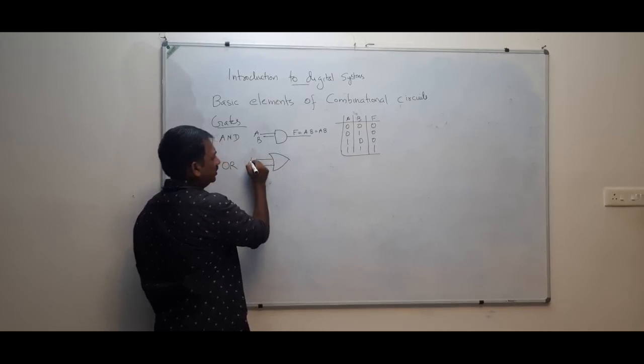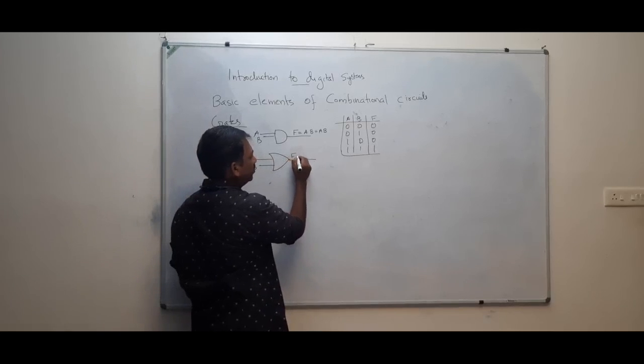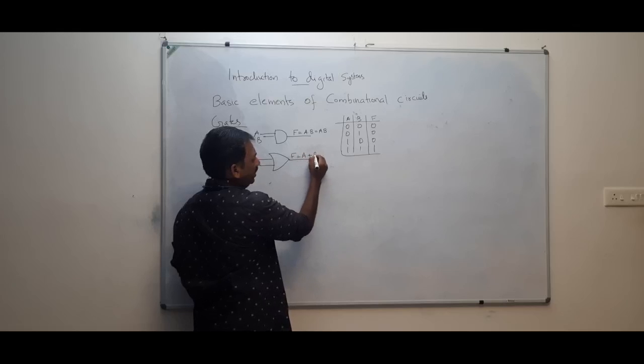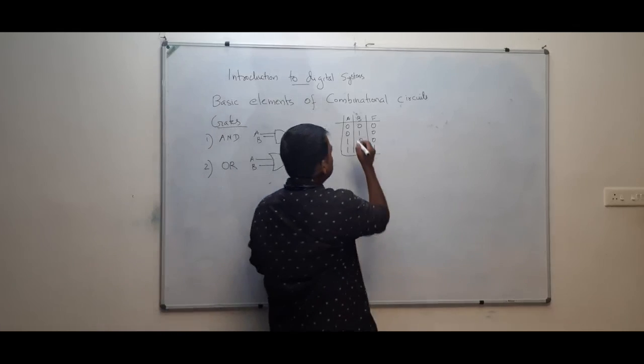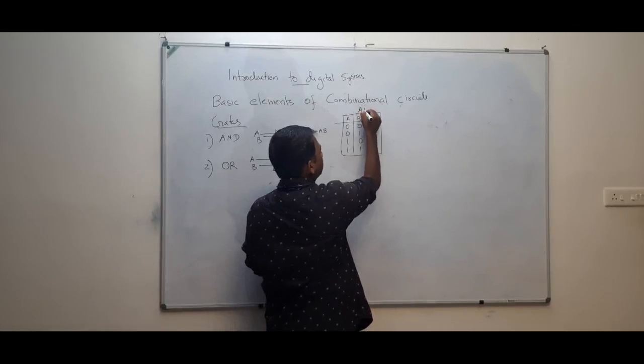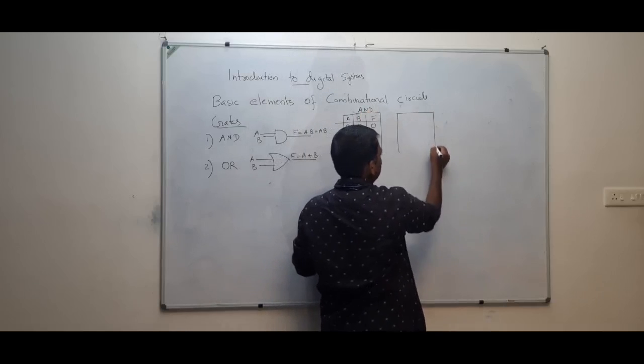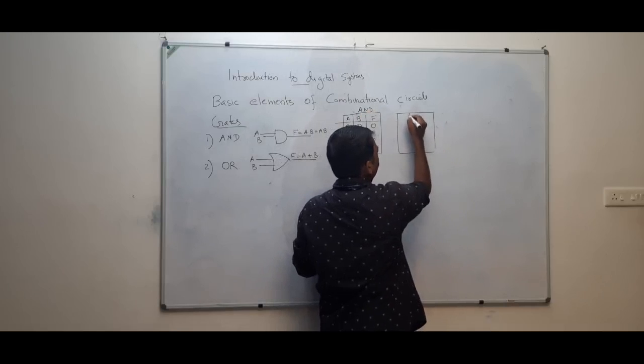This is an OR gate with inputs A and B, and the output is F equal to A or B. Now we are going to have the truth table for OR.